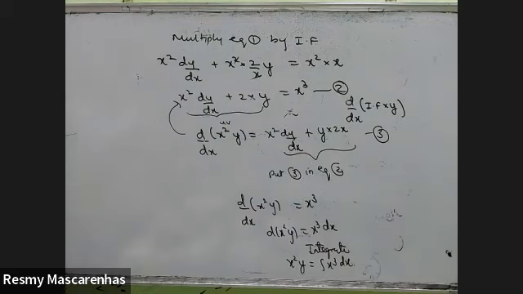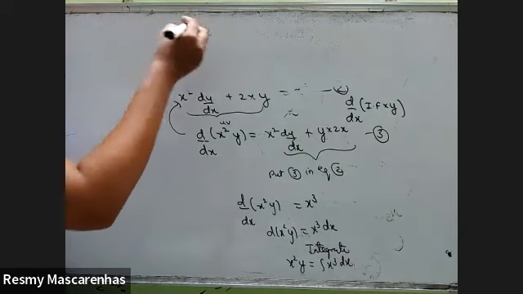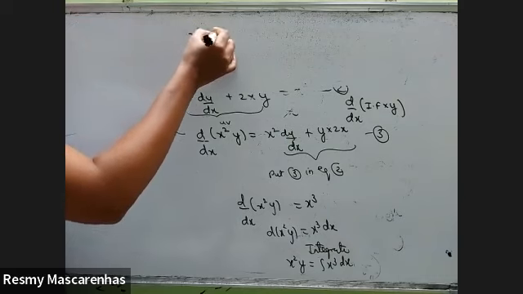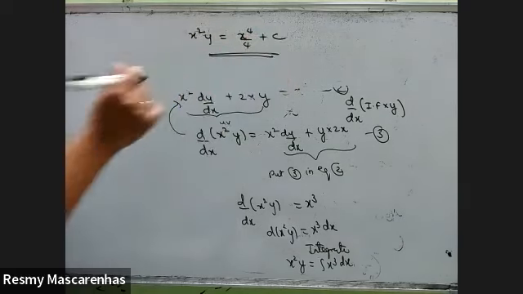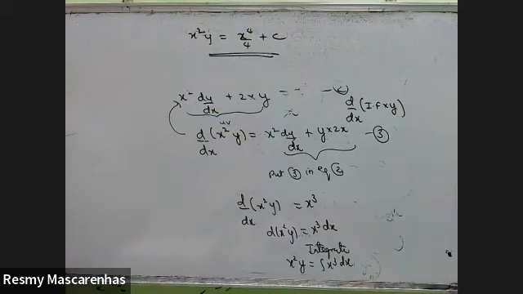Now integrate on the right hand side. The integral of x cube is x raised to 4 upon 4. This is the answer.